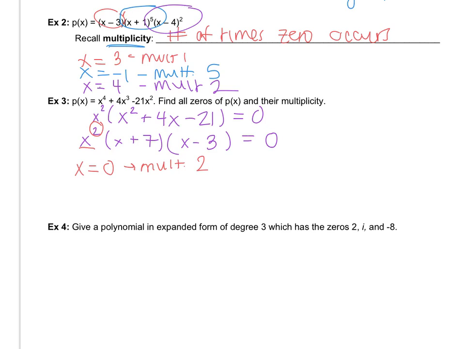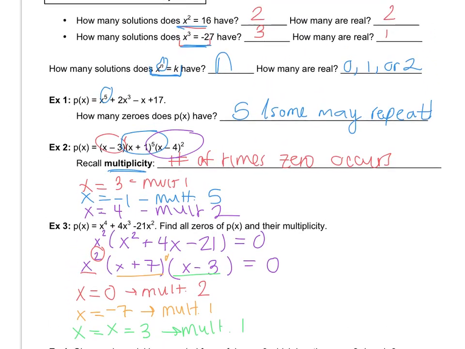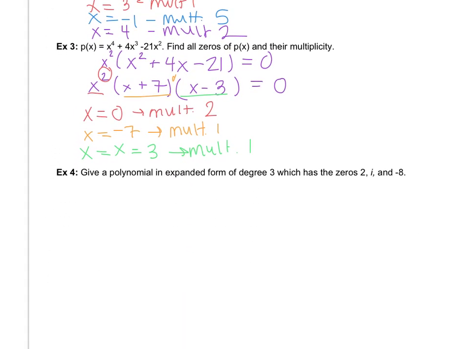We have this factor, which gives us the zero x equals negative 7, which just has a multiplicity of 1 because the exponent is 1. And we also have this factor, which gives us a zero of x equals 3 with multiplicity of 1 as well.